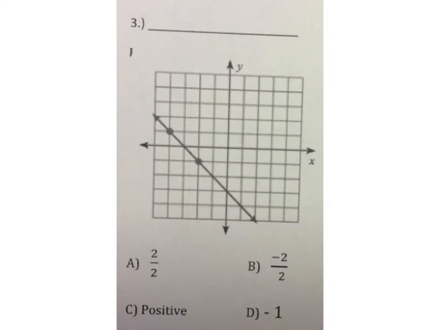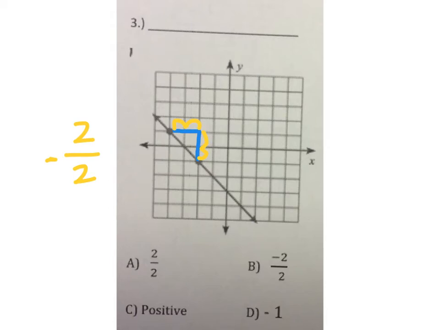For number 3, this line goes down and to the right, so I know that that is a negative slope. If I create the right triangle from point to point, rise and run, it rises 2, but it runs backwards 2, so that gives us a negative slope.